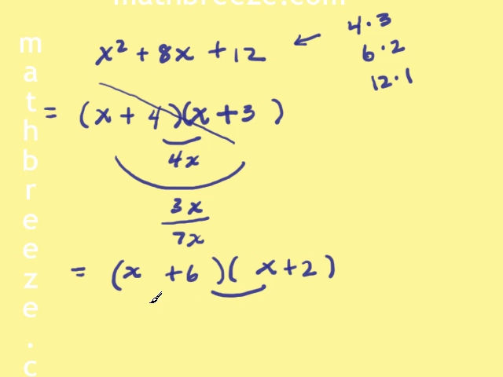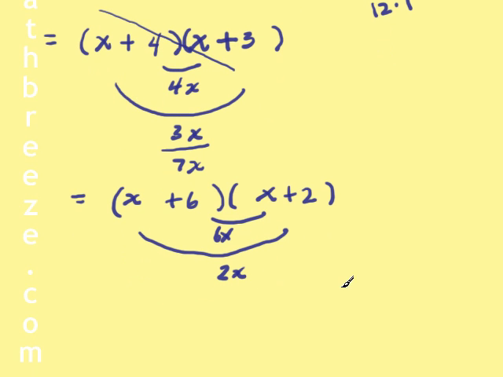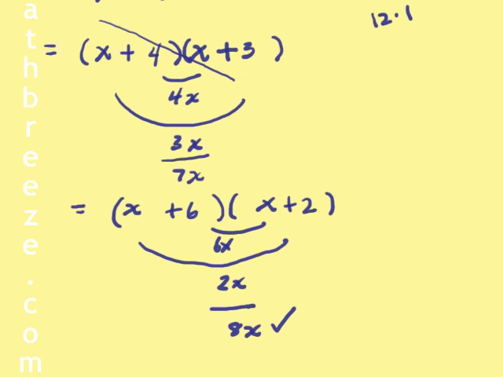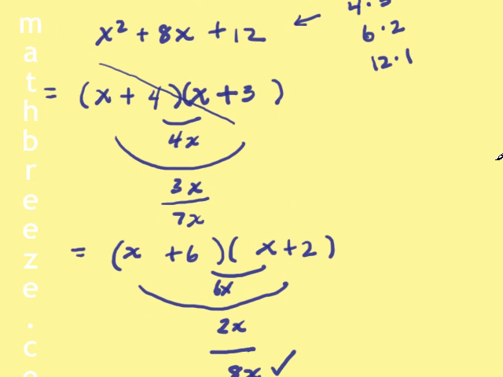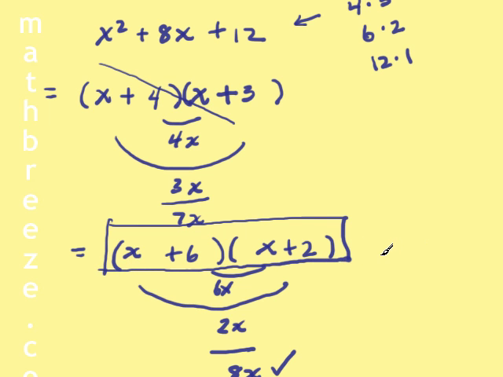All right, let's try outer and inner. And we do get 8x. That's what we were looking for, our middle term. So this is the correct factorization. Sometimes we have to try more than one, okay, until we get the right factorization.